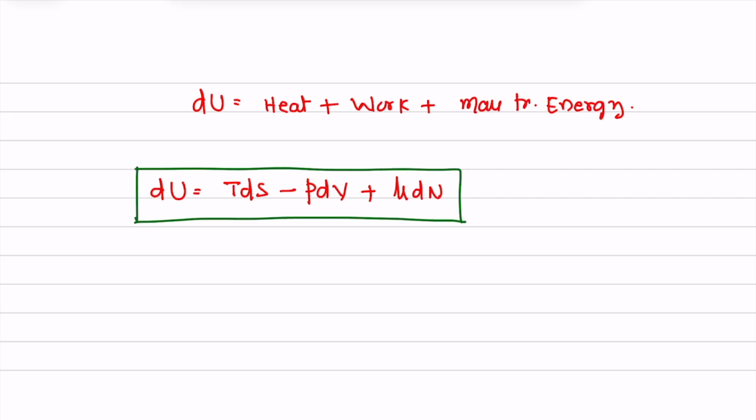Once we understand this, now, for example, if I take mass transfer as 0, if I say mu dn is equal to 0, what happens?